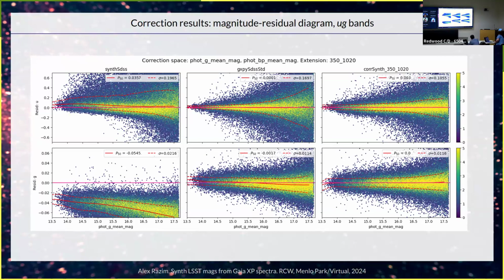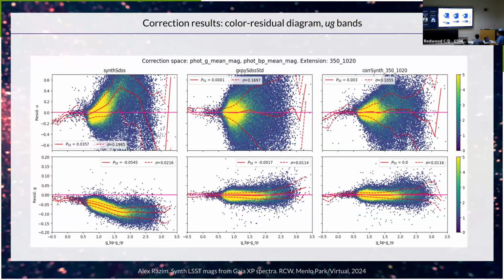In the center are Gaia XP synthetic magnitudes produced with those tweaked SDSS filters. And on the right hand are our corrected magnitudes. Now here it is not really noticeable.